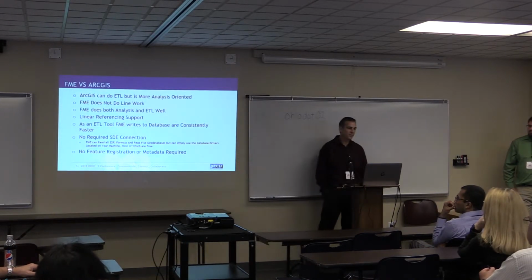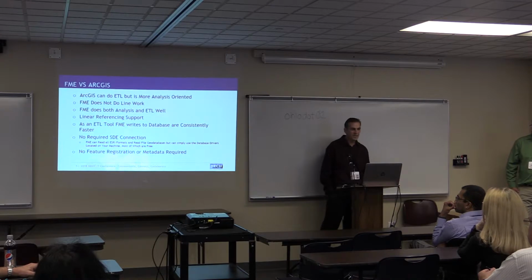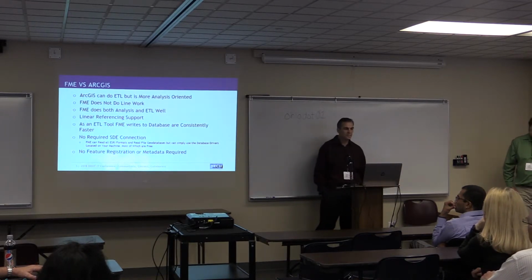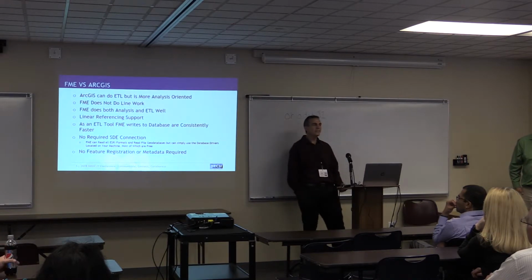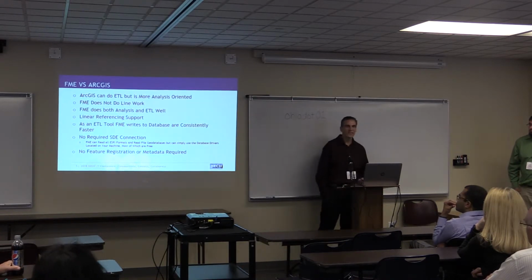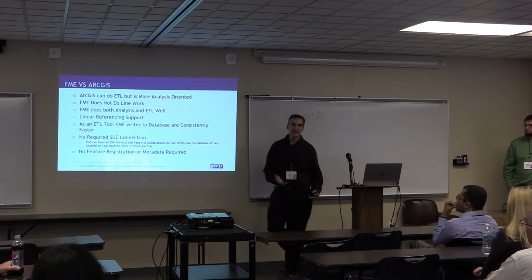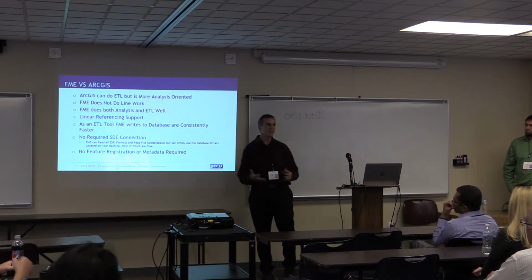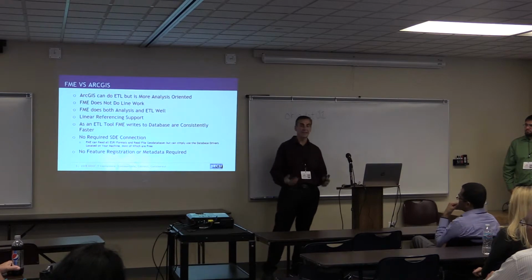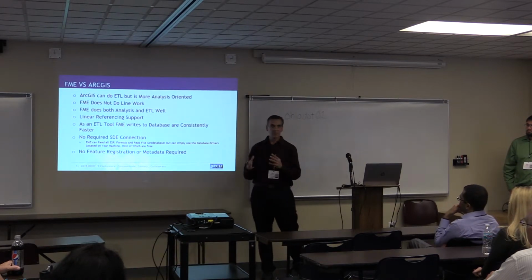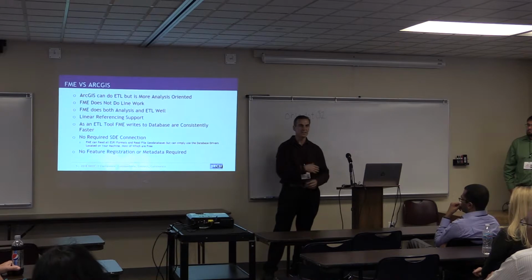All right, I'm not going to dwell on this, but FME versus ArcGIS. ArcGIS can do ETL type work, and most of the time when we think about ETL, we're going to take data, do something with it, and probably load it somewhere. It's like, hey, I want to take this data and move it to a database, or I want to publish it somewhere.